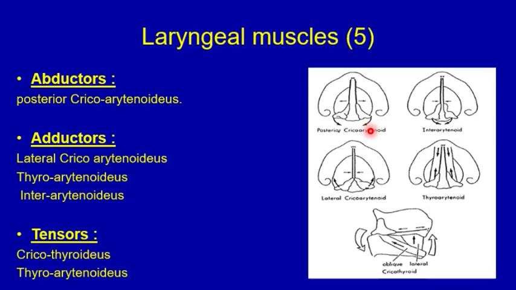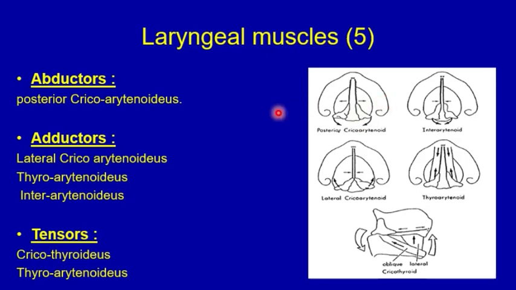There is only one muscle that can open up the vocal folds. This is the posterior cricoarytenoid muscle, which is attached to the posterior part of the muscular process, and when it is pulled, it opens up the vocal fold during breathing.